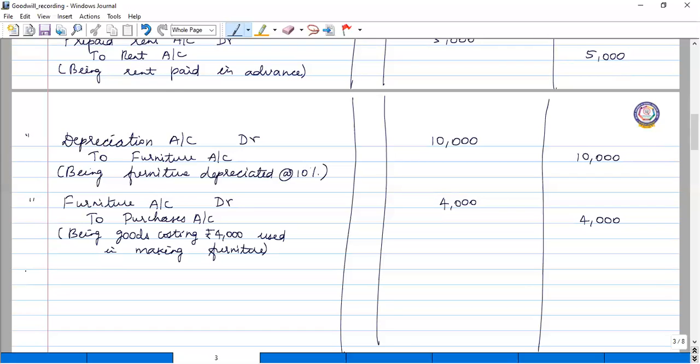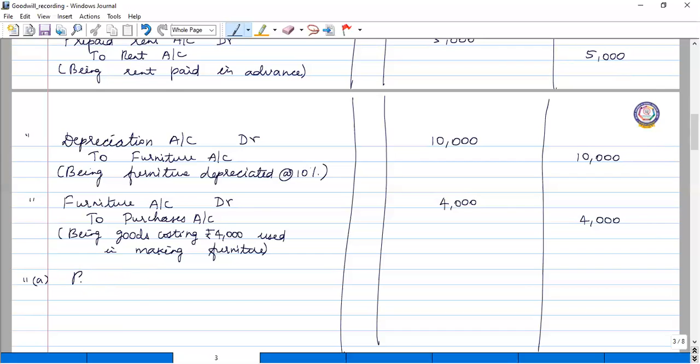Okay, next. Received commission of rupees 20,000 by check, half of which is in advance. So we have actually received a commission of rupees 20,000 by check and half of this is an advance. First make the entry for the total commission received.